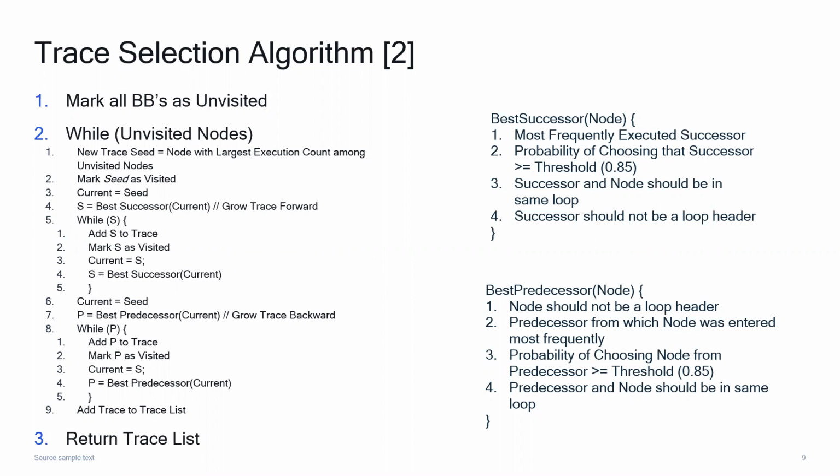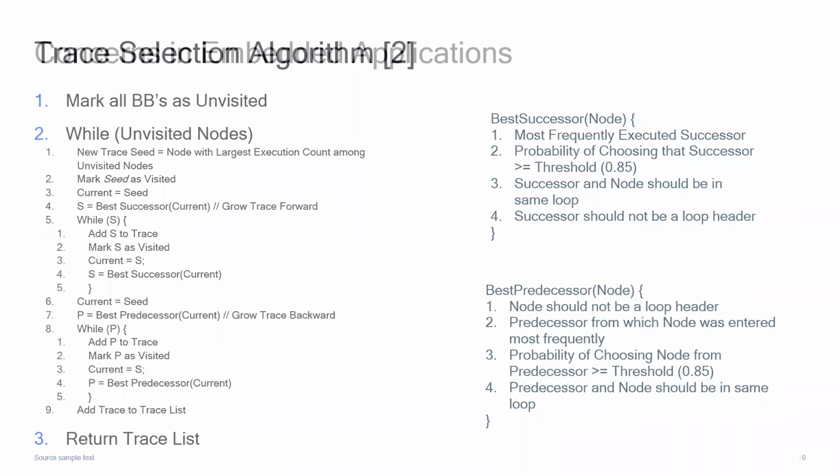Similarly, we try to build the trace backward. In the interest of time, I'm not going into the details, but it is a very straightforward algorithm. The only thing is, we have to define thresholds, like we don't want to continue building traces if the probabilities are not sufficiently high. So you can go through this.